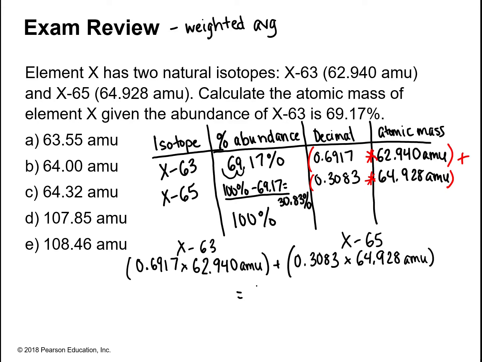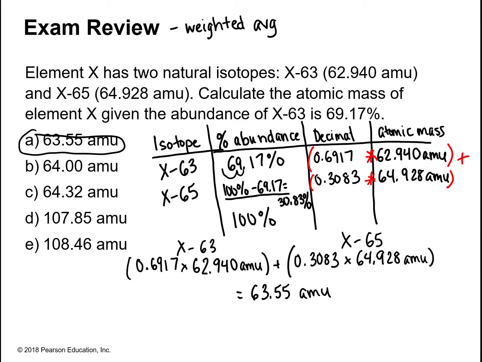When you do that, you should get 63.55 AMU, which is A. Now here's another way that you can at least rule out some answers.